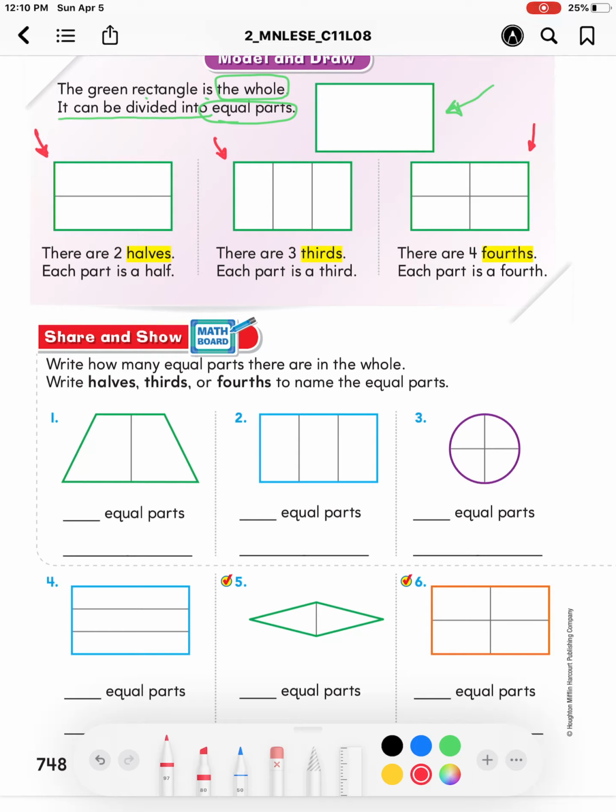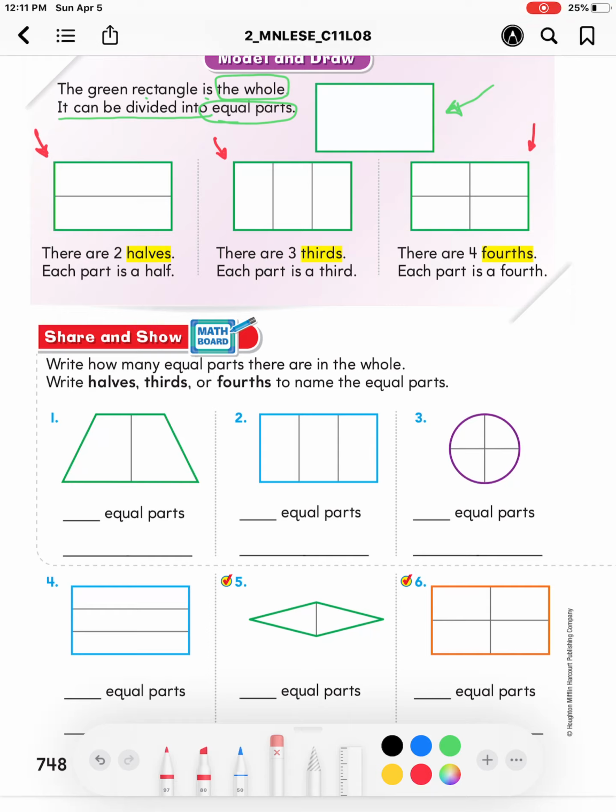It means we don't have to split the shape only into two in order to have equal parts. We can split it into two, into three, or even into 4. Okay?